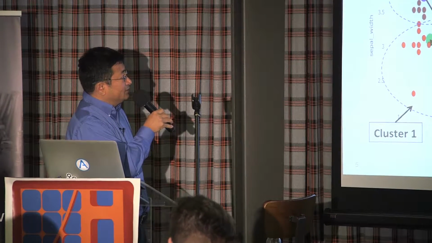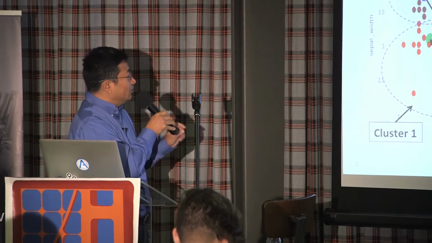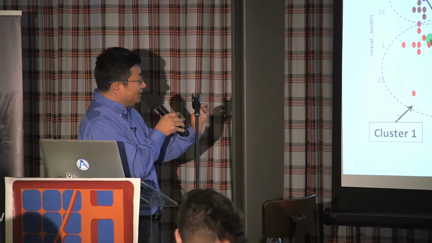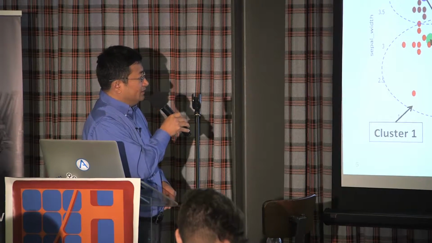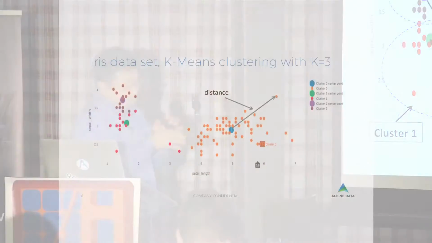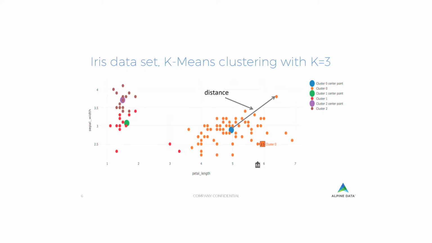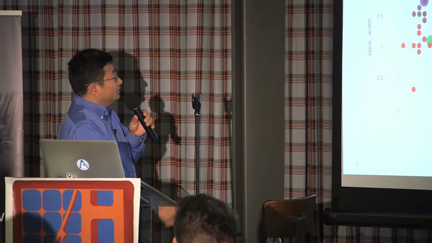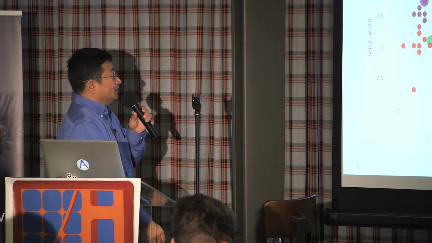Here we have 3 clusters, cluster 0, 1, and 2. The big dots in the middle of each cluster are called centroids. K-means tries to find the optimum distance, measured from the centroid to any points of the data set.